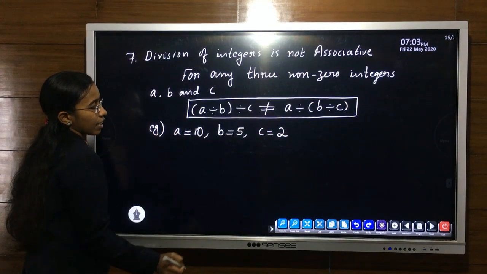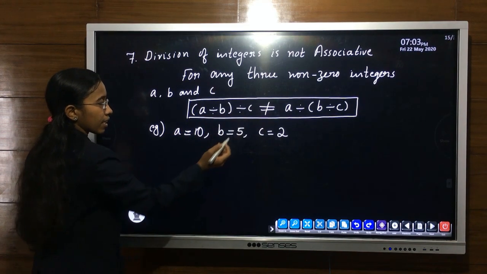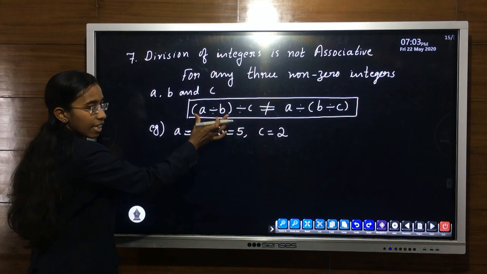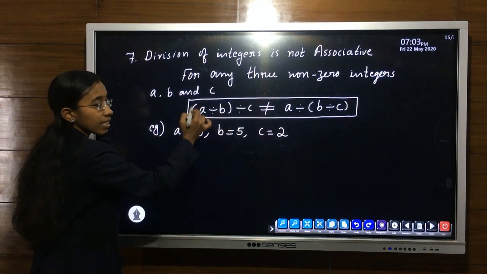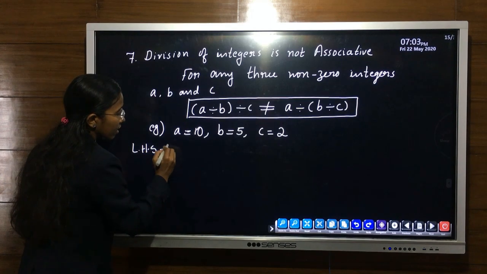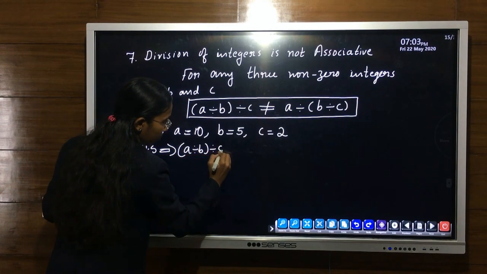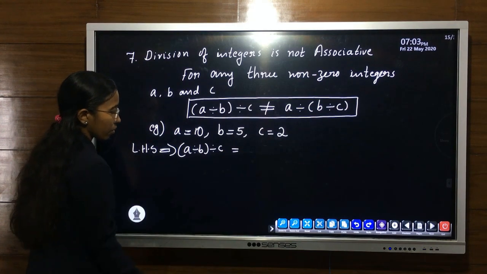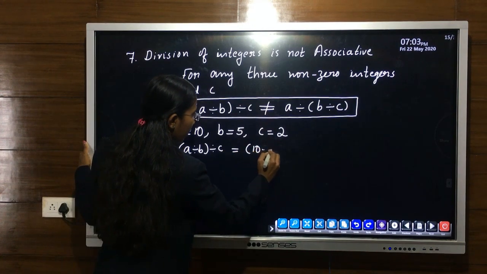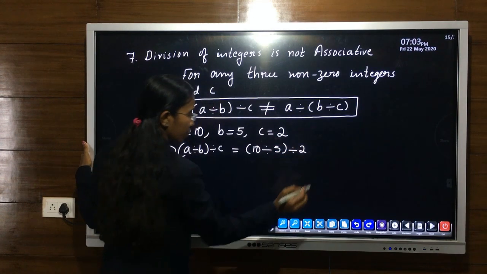So what is our LHS here? This one, (a divided by b) divided by c. Here a divided by b is inside one bracket, so first we are doing this operation. So in LHS, (a divided by b) divided by c, substitute these values: 10 divided by 5, divided by 2.